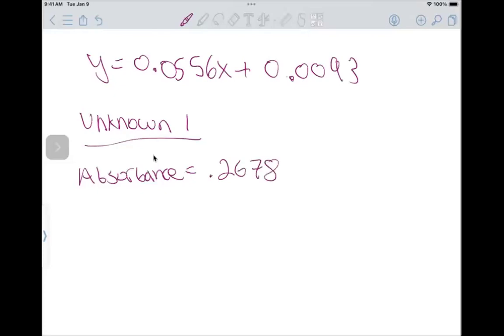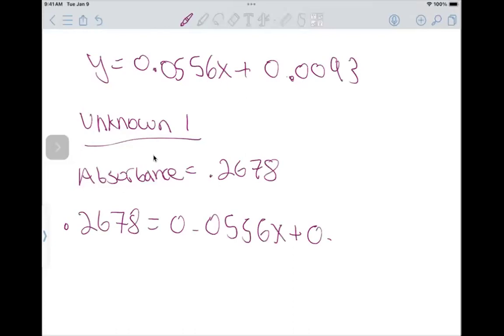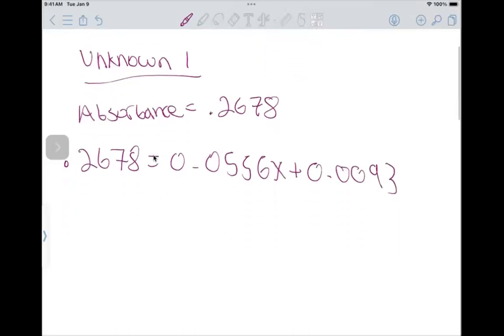Remember, absorbance is our y, so we'll plug in y for absorbance, and solve for x, which is concentration.